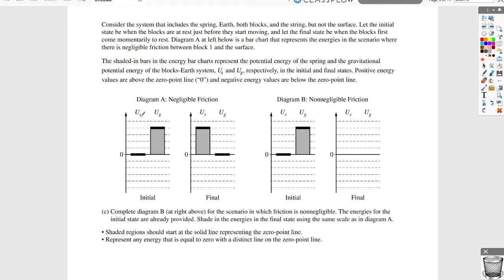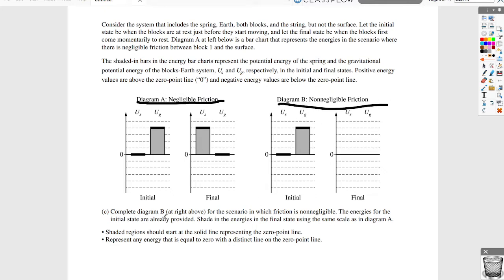As you can see, conservation of energy says that all of your gravitational energy has to be converted into your spring energy. But this diagram right here has negligible friction. This one has non-negligible friction. The friction is high enough for us to start caring about the loss of energy.